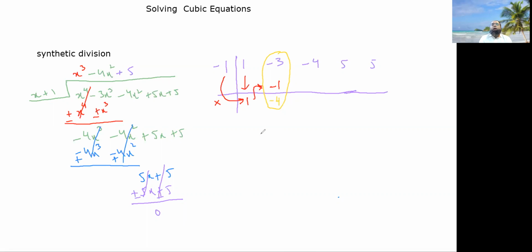Okay? Now you repeat the whole process again. You multiply this minus 1 with minus 4 and you write it here, and the product is going to be 4.